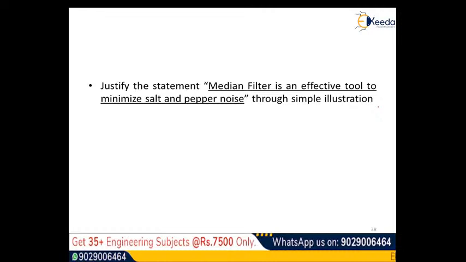For this case we have to take an input image sample on our own and perform median filtering over it. The input image should first of all have salt and pepper noise in it, and we have to demonstrate that by performing median filtering on such an input image, there is a minimization of the noise.